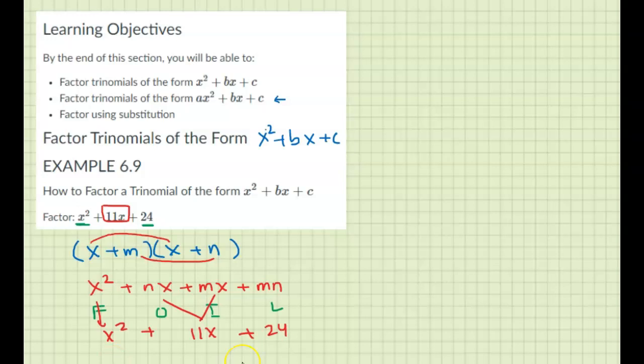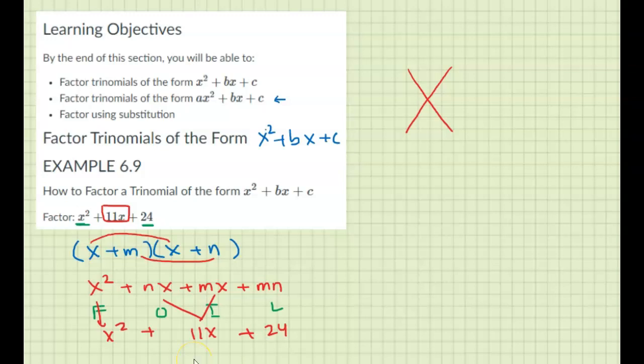Okay? So when we work backwards from the FOILing, factoring a trinomial is like doing backwards FOILing. We basically have to guess these numbers. We have to figure out which two numbers multiply to give me 24 and add up to give me 11. You might have seen these before with a cross like this.